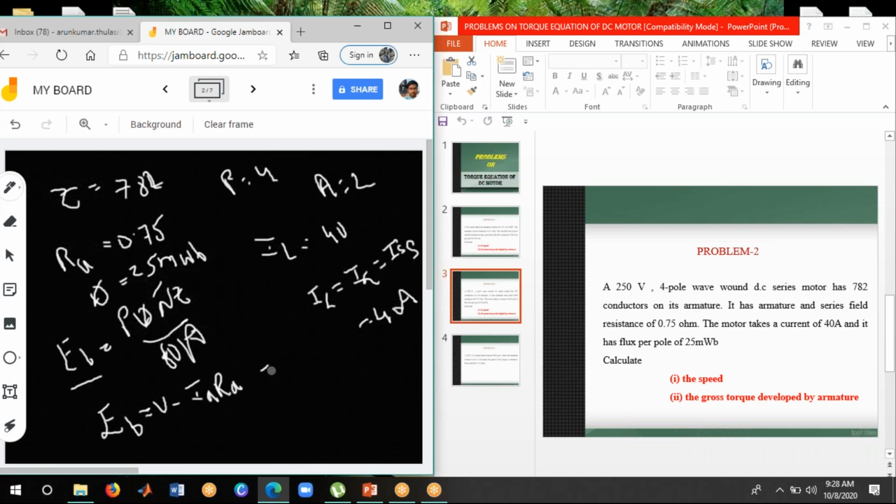What is the value of back EMF here? The input voltage is 250 volts, so V is 250. Then the back EMF is 250 minus IA, which is 40 amperes, into 0.75.